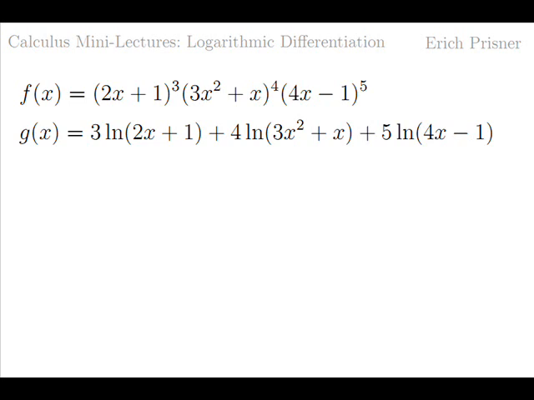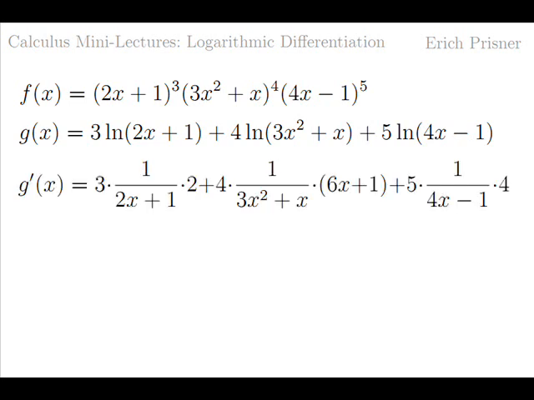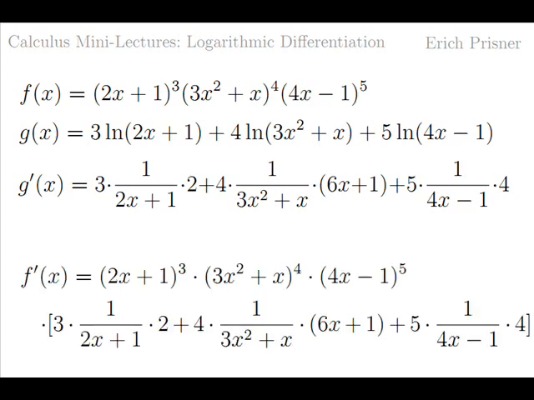This sum is easy to differentiate using sum rule and chain rule. We get g prime of x equals 3 times 1 over 2x plus 1 times 2 plus 4 times 1 over 3x squared plus x times 6x plus 1 plus 5 times 1 over 4x minus 1 times 4. Therefore, f prime of x is just the product of f of x and g prime of x, which is this lengthy expression spanning two lines.